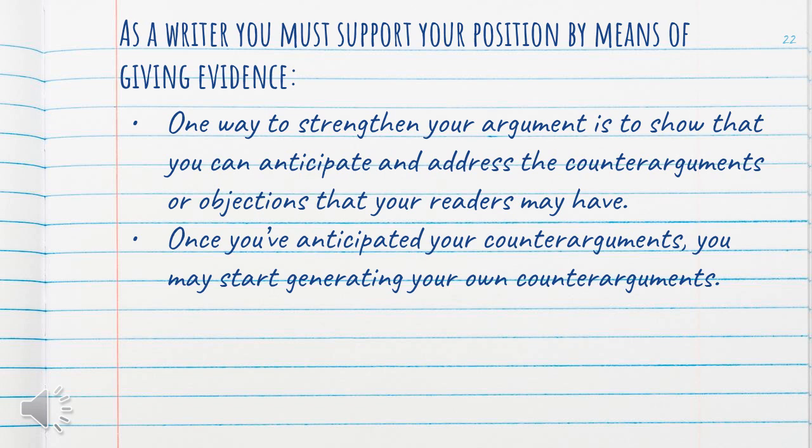As a writer, you must support your position by means of giving evidence. One way to strengthen your argument is to show that you can anticipate and address the counter-arguments or objections that your readers may have. And once you've anticipated your counter-arguments, you may start generating your own counter-arguments.